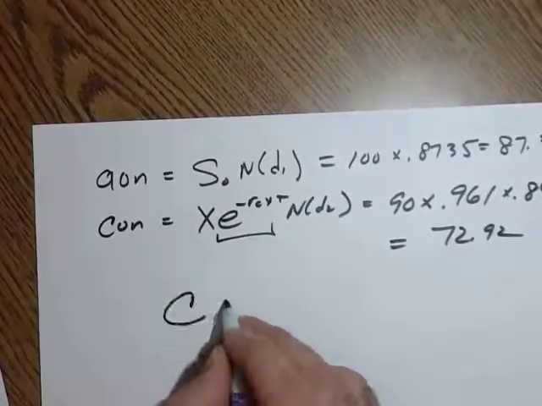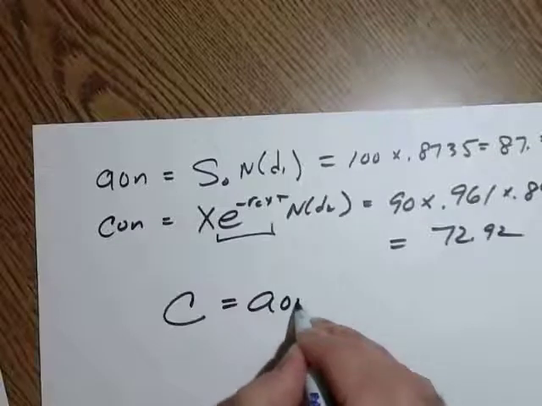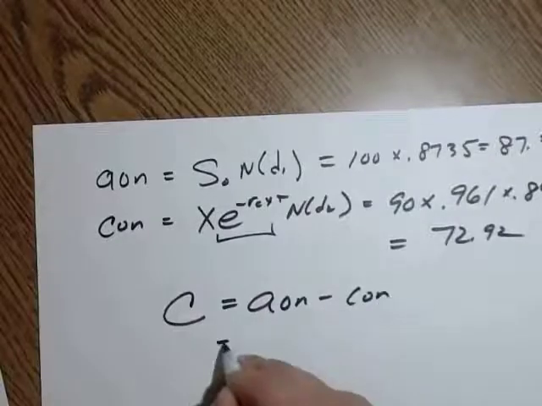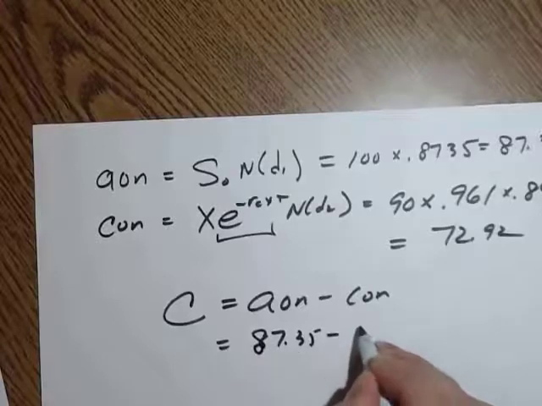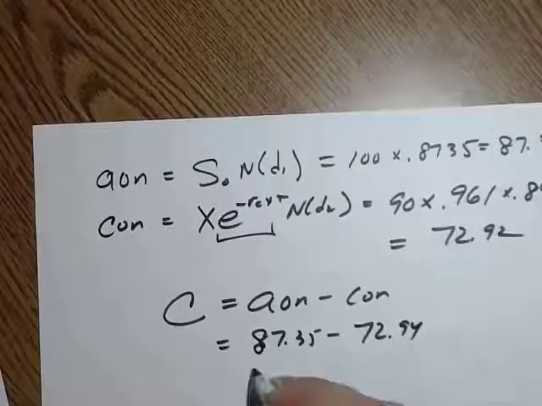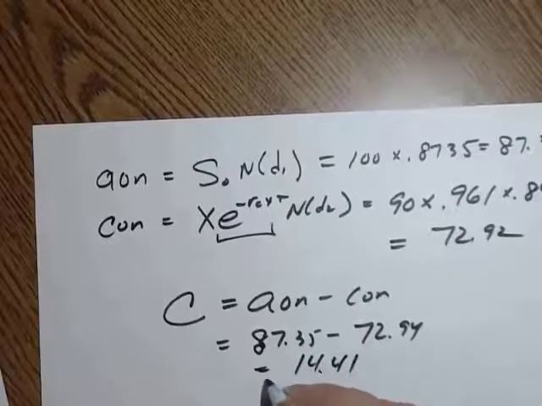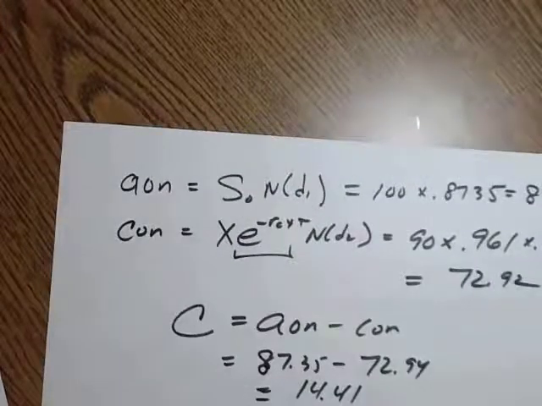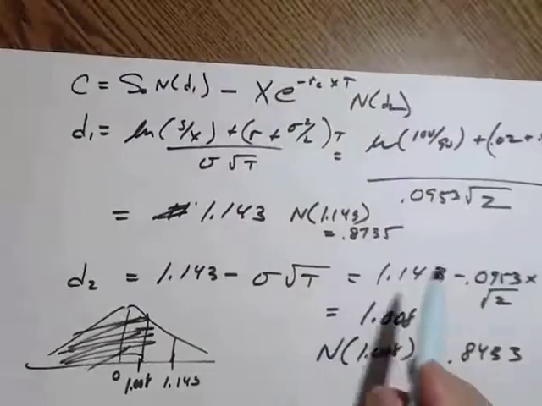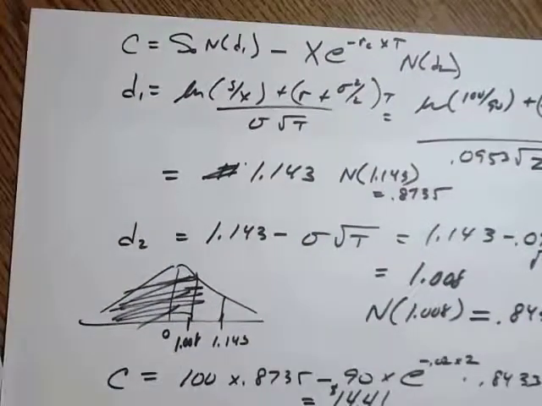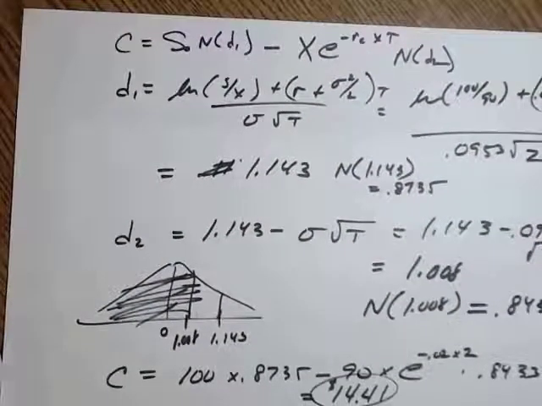And so the standard call is going to be 87.35 minus 72.94. That's 14.41, and bam, we got it. So we nailed that one. So there it is, right there, the same number we came up with earlier.